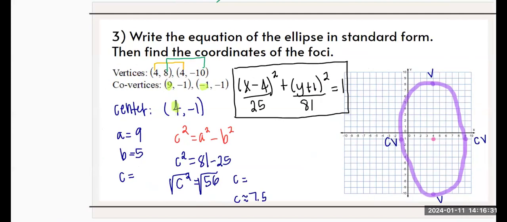Let's do that over here on the side. The square root of 56. So 56 is 8 times 7. And then we can simplify 8 with a perfect square.